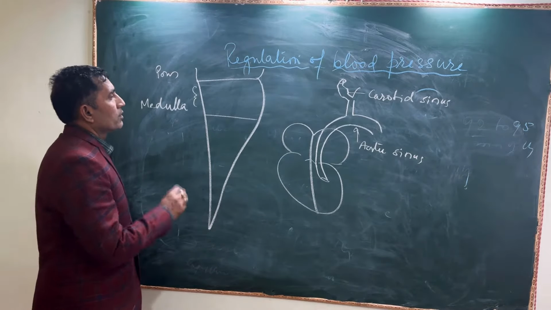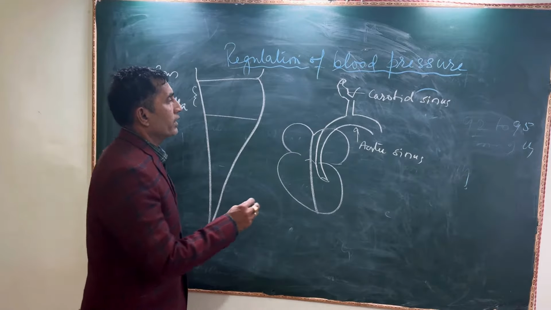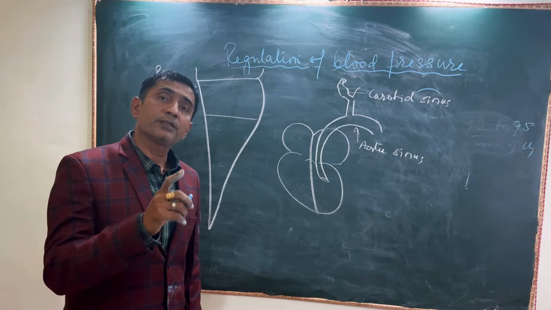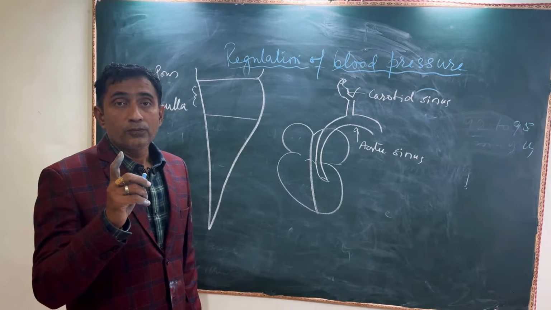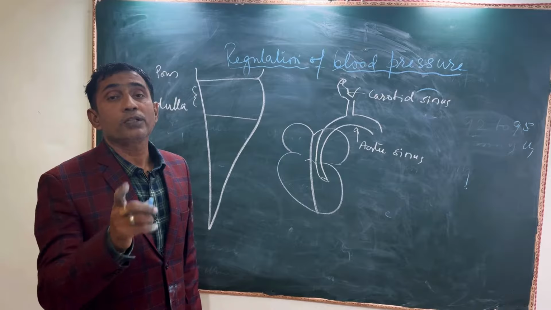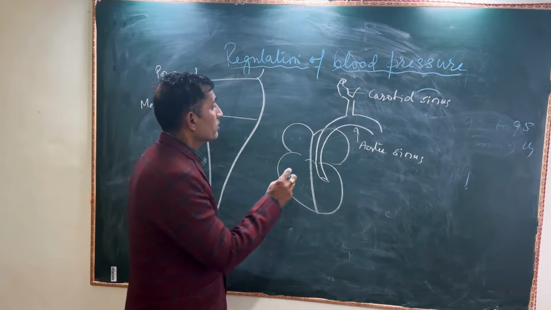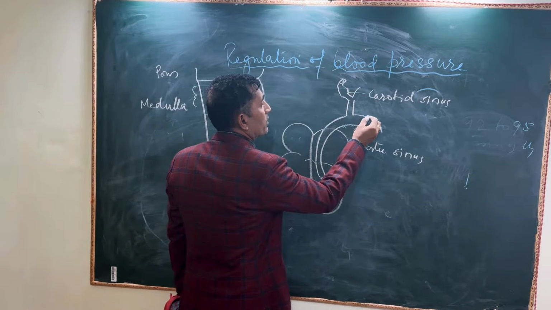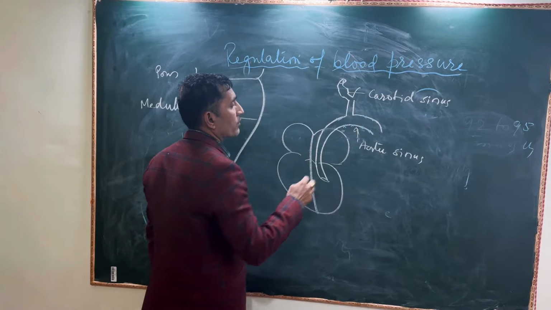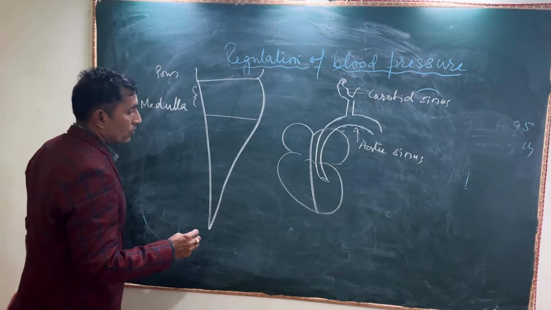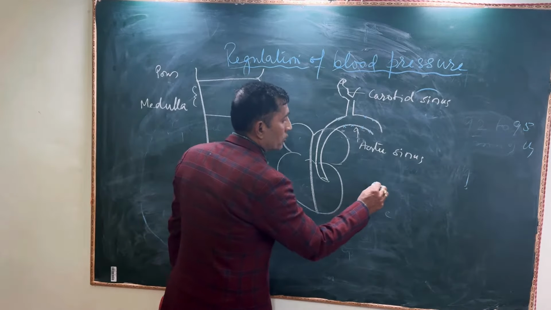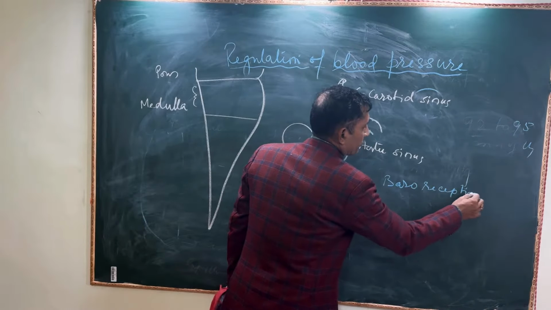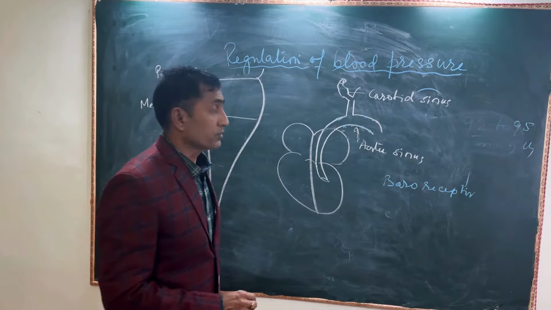Now, if we talk about the baro reflex, then we must know the location of the receptor, which we call the baroreceptor. What is the location of the baroreceptor? This baroreceptor is called a high pressure receptor.